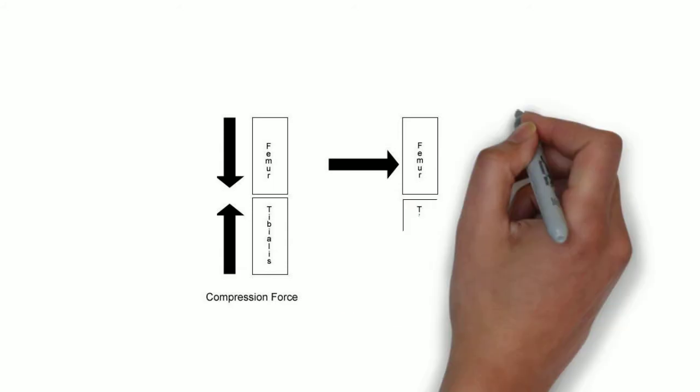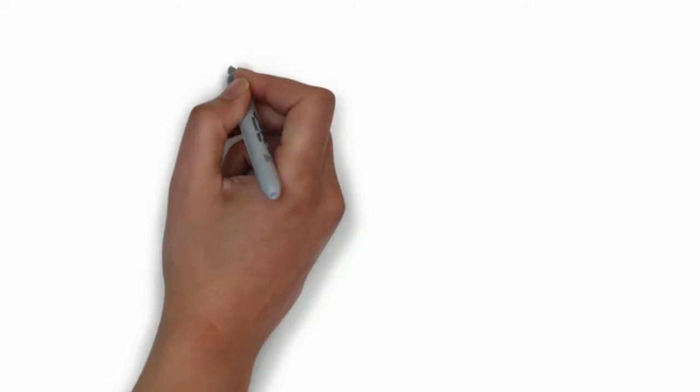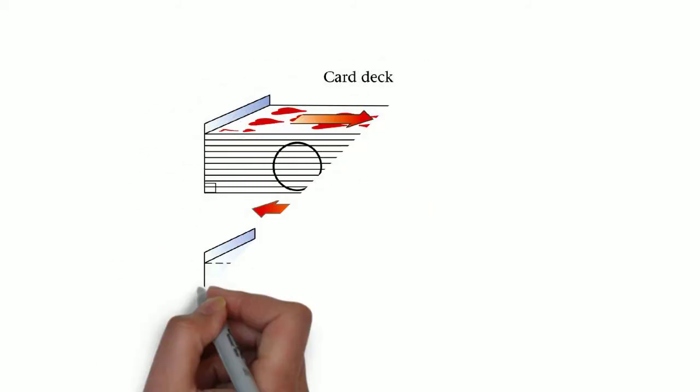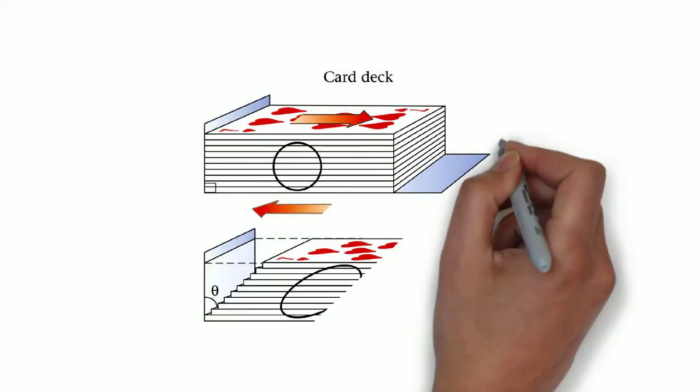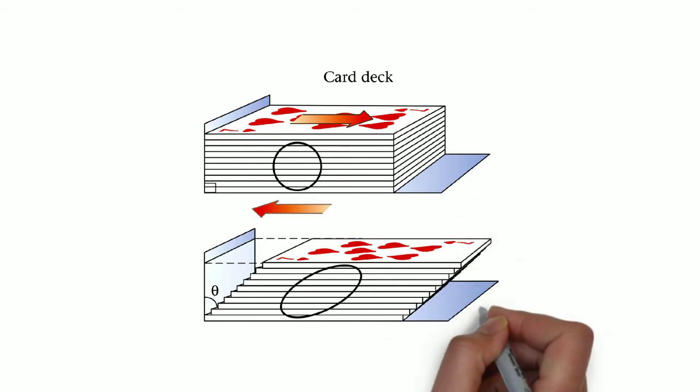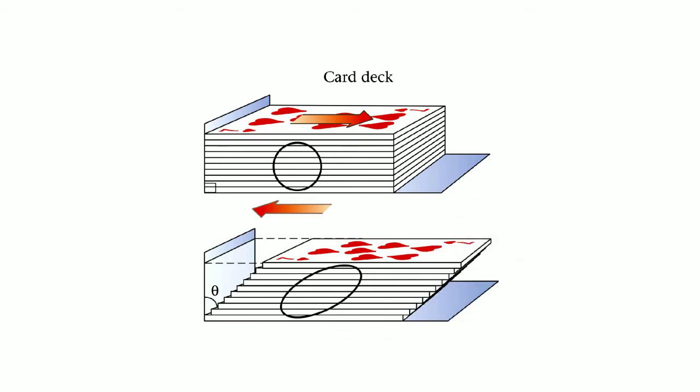If the forces were aligned or aimed straight into each other, they would pinch or compress the body rather than tear or crack it. An example is a deck of cards being pushed one way on the top and the other way at the bottom, causing the cards to slide.